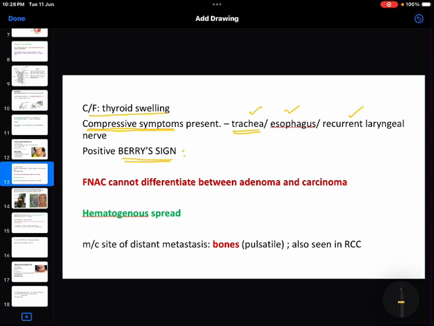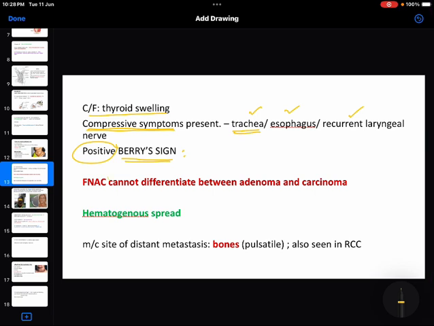When this normal carotid pulsation is not seen, that is called positive Berry sign. The carotid can be pushed backwards, and it cannot be seen in the normal position, or the pulsation is not felt at all. This is positive Berry sign. It is seen in follicular thyroid carcinoma.